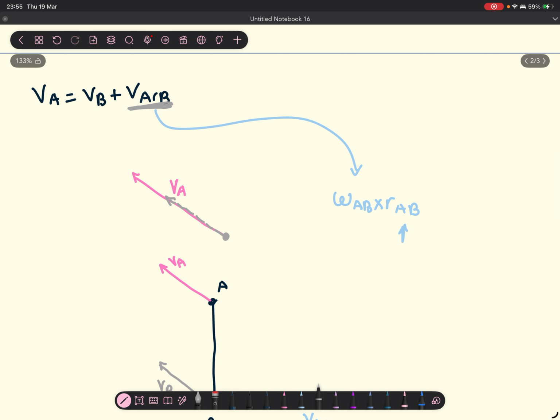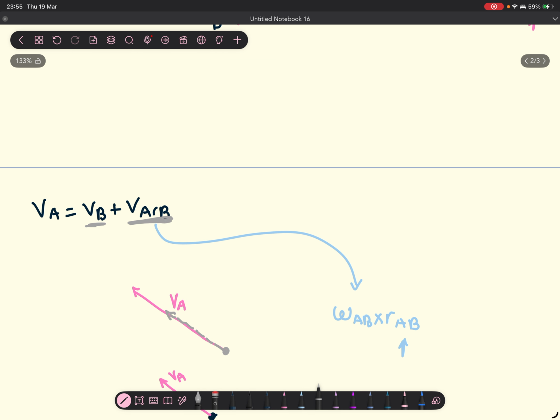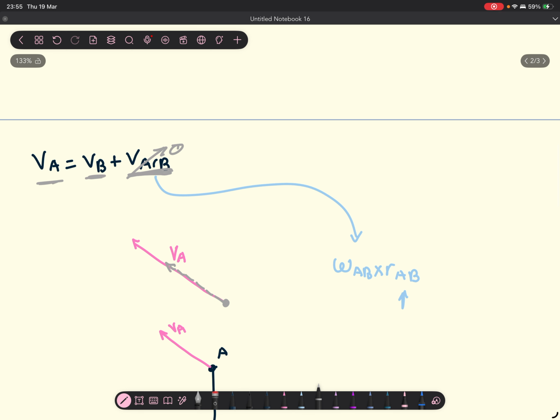I hope that kind of makes sense. So if VB is equal to VA, then this has to be 0. And in order for this to be 0, this has to be 0, because this can't be 0, that's a set distance. The distance can't be 0. So your omega AB is 0.